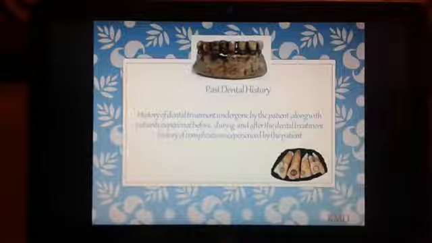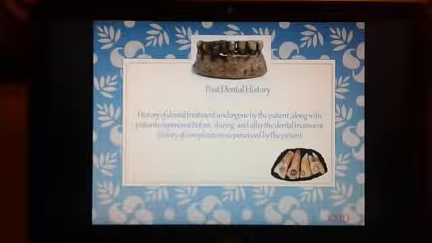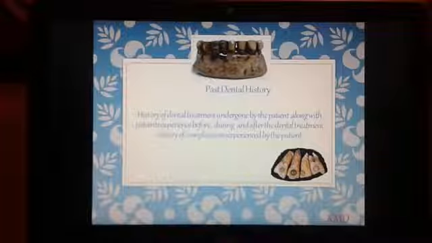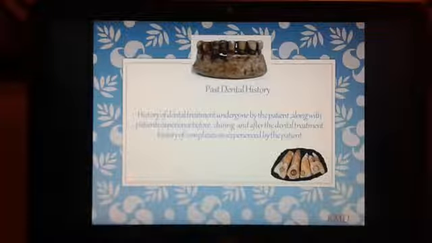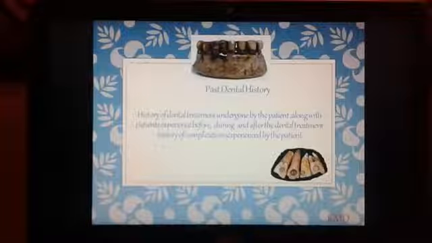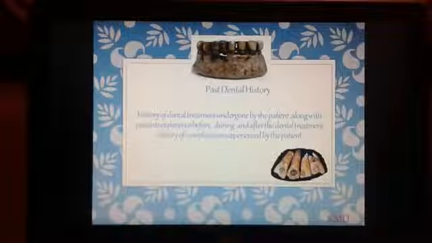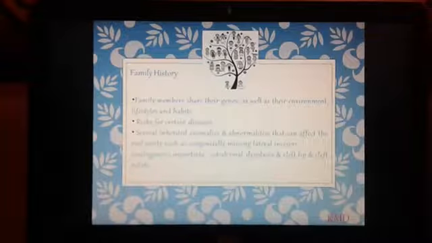This is very important, and so is a history of complications experienced by the patient previously during any dental procedure, as in whether any procedure was eventful, as in surgical aspects.